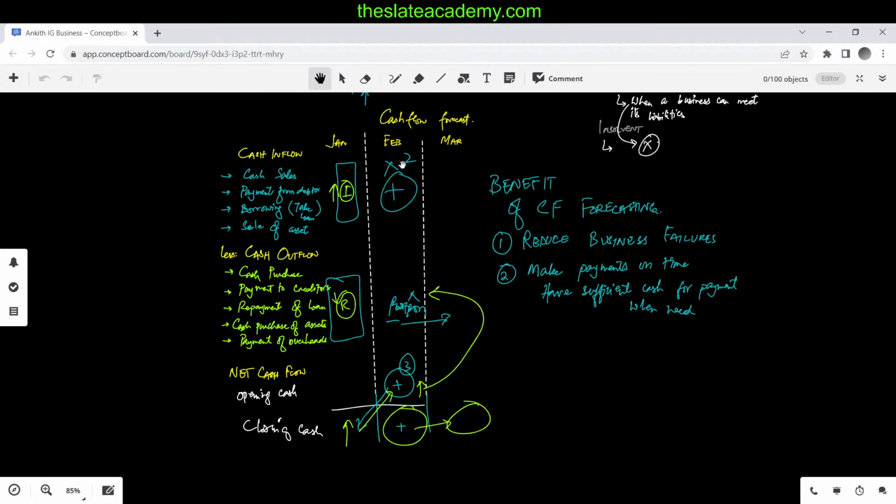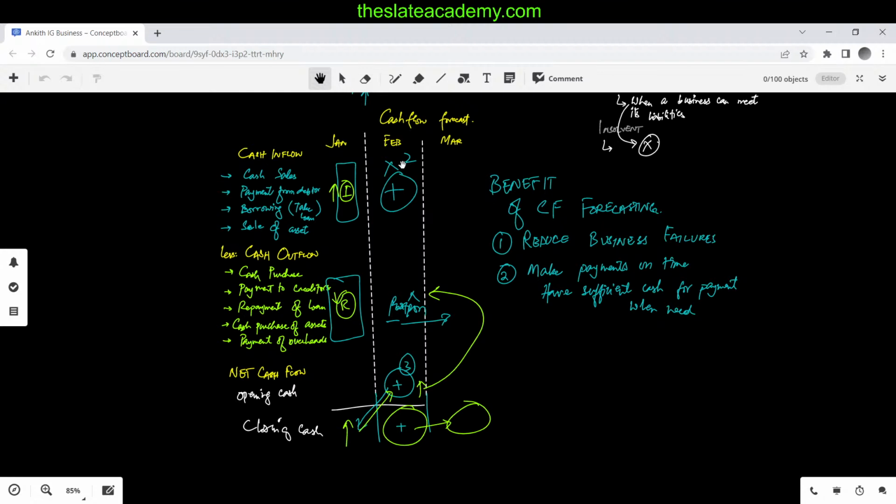The point is, if you have got too much cash lying around, it means you aren't planning your cash flows properly, and you aren't investing your cash properly. You are acting too risk averse. So maybe you should invest in more opportunities. Either you are acting too risk averse, or you are not planning your cash flows properly, or there is managerial lack of oversight. But there is some problem: too little cash and too much cash. We don't want to end up in either of the two situations.